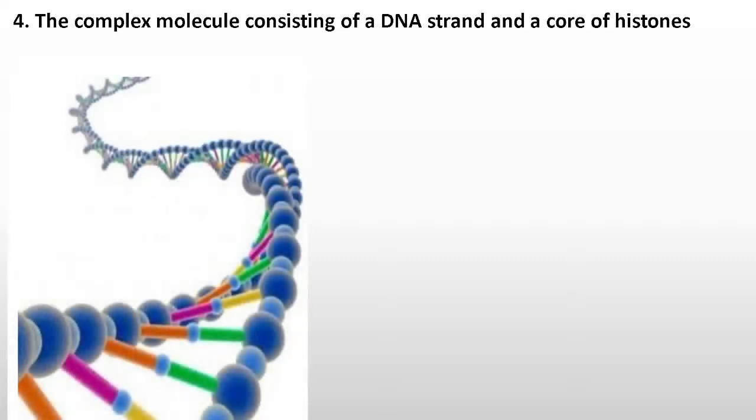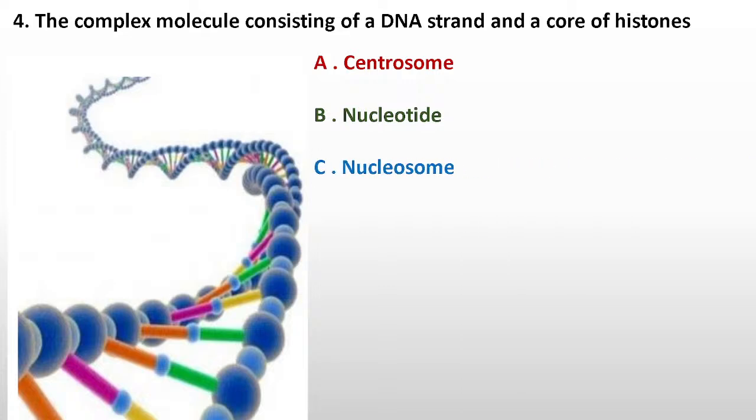The complex molecule consisting of a DNA strand and a core of histones. So this is the image given for your reference. You have to answer this. The complex molecule consisting of a DNA strand and a core of histones is dash. A. Centrosome. B. Nucleotide. C. Nucleosome. D. Chromosome. So the complex molecule consisting of a DNA strand and a core of histones.